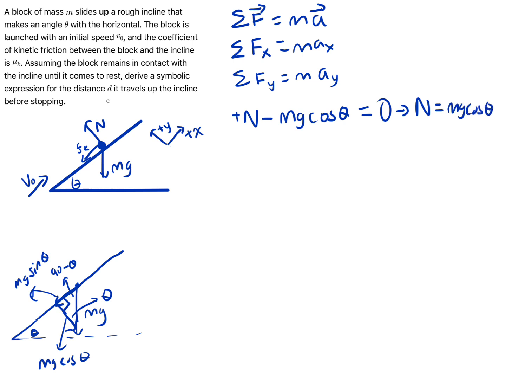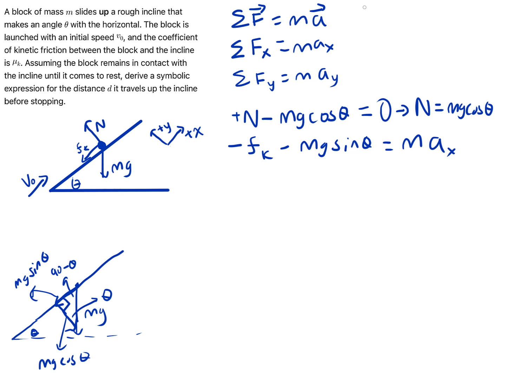Now let's do it in the x direction. In the x direction, we have the frictional force, which is negative, as well as the component of gravity in the x direction, which is also negative. This is equal to the mass times the acceleration in the x direction.